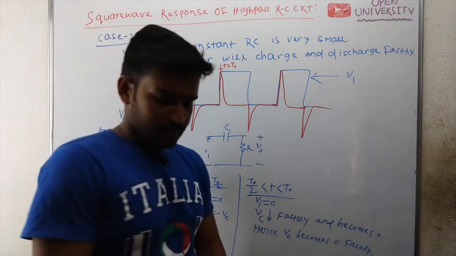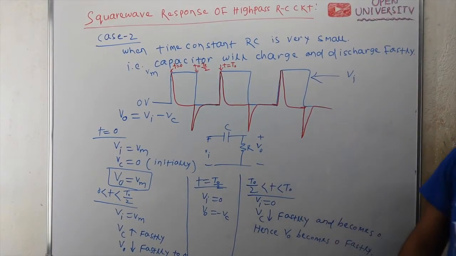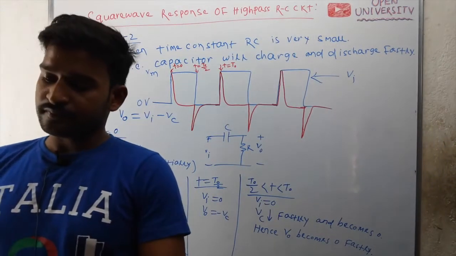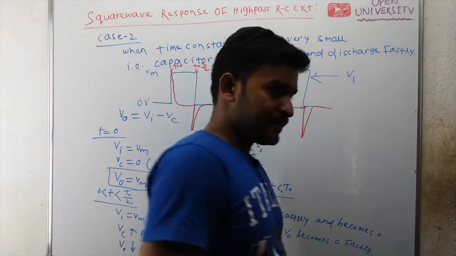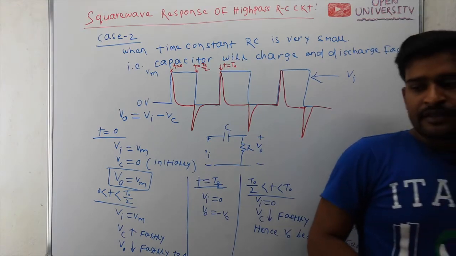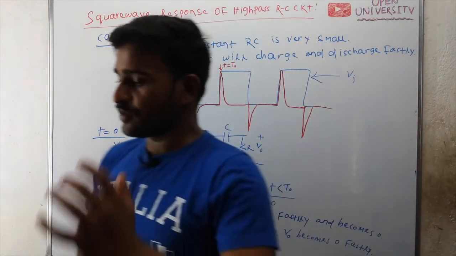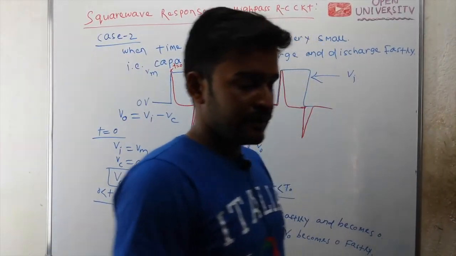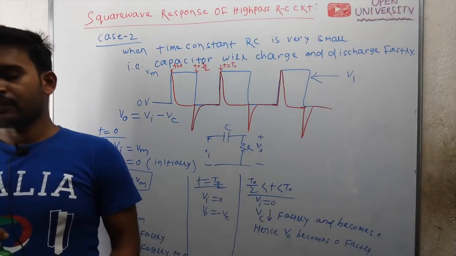Output waveform consists of positive and negative spikes. Next point. If RC, time constant RC, is very small, then a high pass RC circuit can convert a square wave signal into spikes.